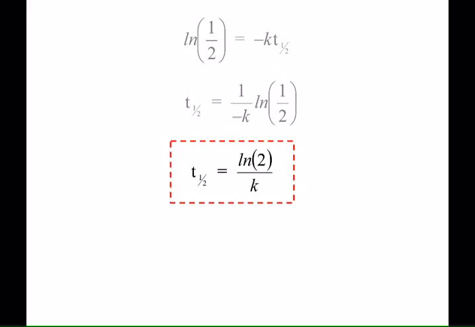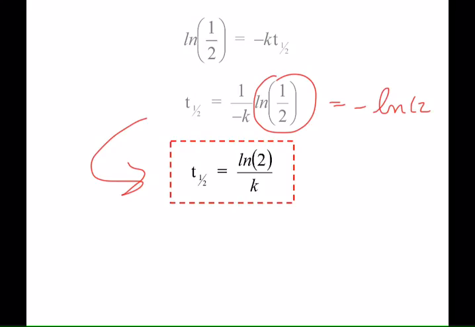The natural log of 1 over 2 is equal to negative ln of 2, okay? Then if I do that, I can take these negatives and they cancel out, so I get the natural log of 2 over K. It's legit, trust me.